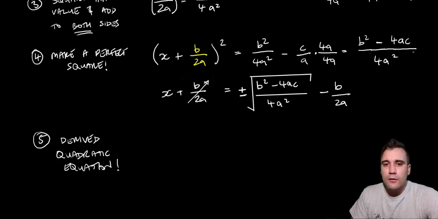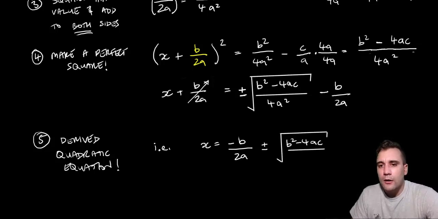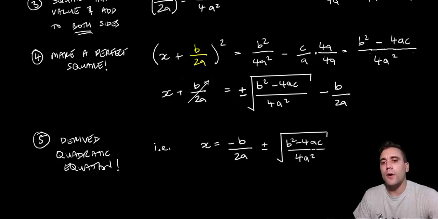So what we'll do now is we will have x is equal to negative b on 2a plus or minus the square root of b squared minus 4ac divided by 4a squared.